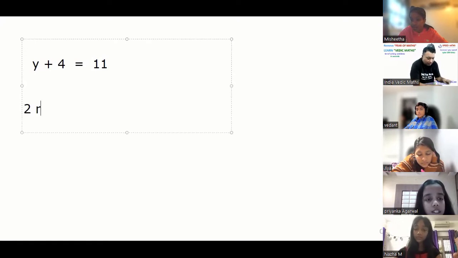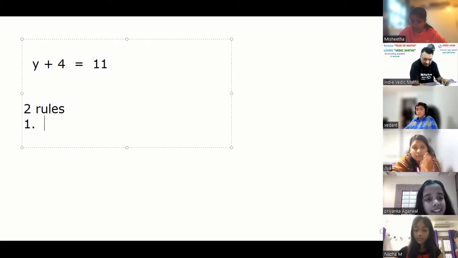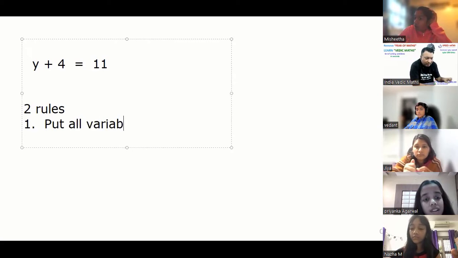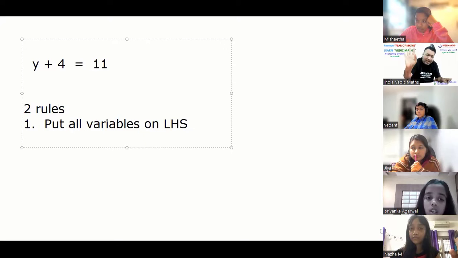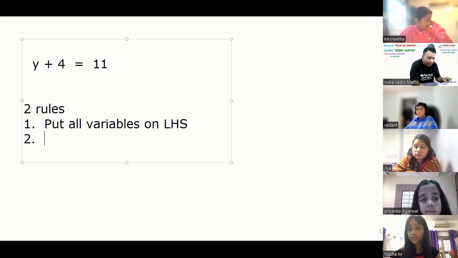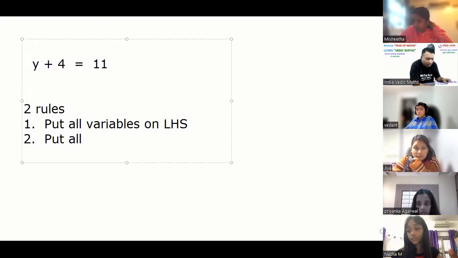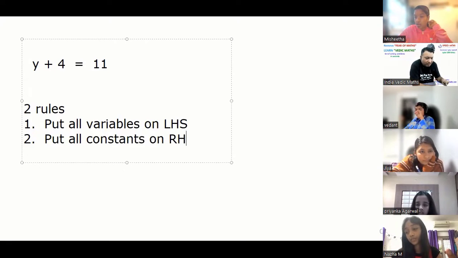Only 2 rules. First, put all variables on the left hand side. You can put them on the right also, but I am telling left hand side. Second, put all constants on the right hand side.